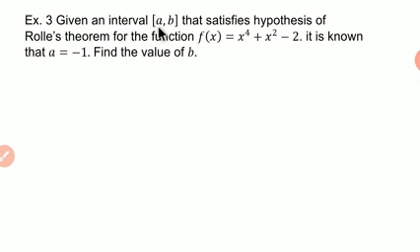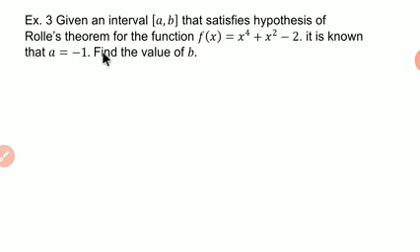Given an interval, closed interval a to b, that satisfies hypothesis of Rolle's theorem for the function f of x is equal to x raised to 4 plus x square minus 2. It is known that a is equal to minus 1. Find the value of b. As a is equal to minus 1 means here that interval is closed interval minus 1 to b.